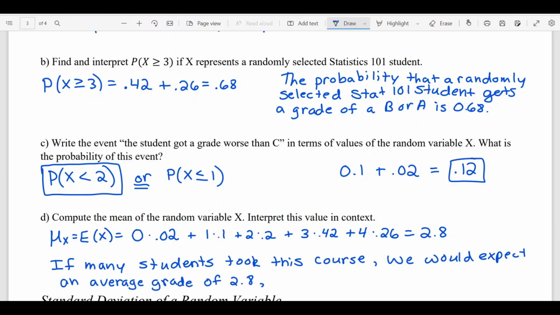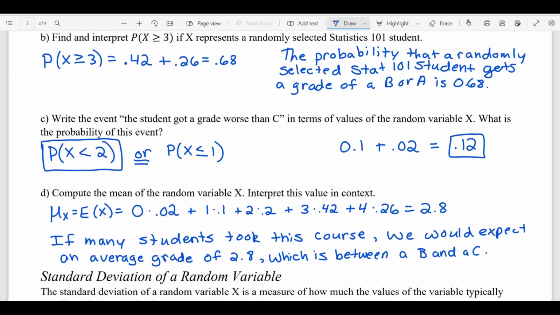And I have to put some context to that, I can't just end it there, which is between a B and a C. Always put the context that goes along with it. That's rule number 1 of interpreting. Also notice how I said if many students took this course, which implies indefinitely many trials. That is part of the interpretation of the expected value.